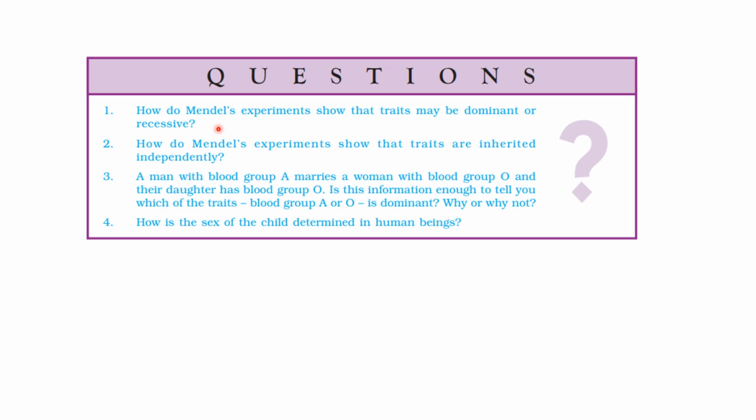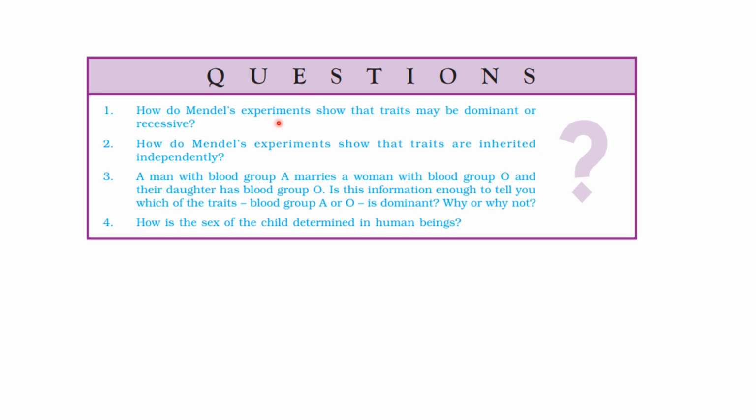First is the monohybrid cross. Mendel crossed purebred tall, that is capital T, and dwarf, small t, pea plants. In the F1 generation, all the plants were tall, suggesting that the tall trait is dominant and the dwarf trait is recessive. Second was the F2 generation.